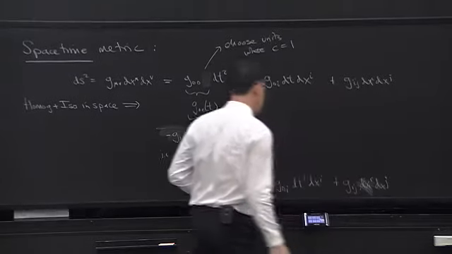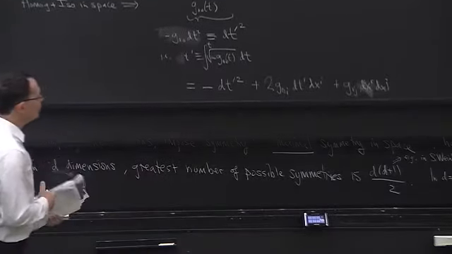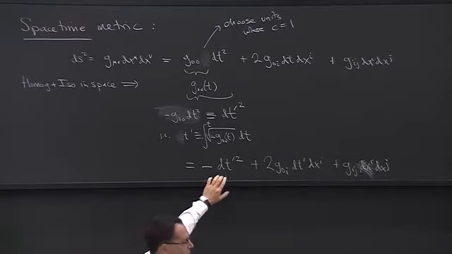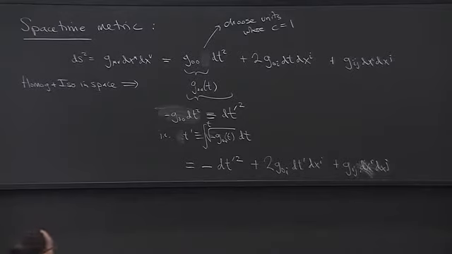So that's often very useful when dealing with a metric: to change coordinates in which the metric looks simpler. And in this case, as long as g00 is negative, you can just change coordinates to ones in which the first term is minus 1.